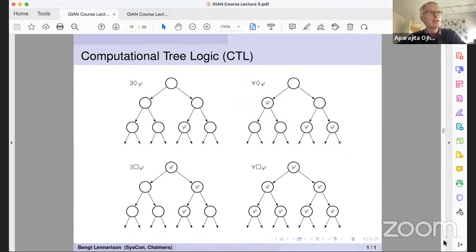Some people say LTL is much better, and others say that computational tree logic, CTL, is better, more useful. And of course, the conclusion is then why restrict to these two versions? Why not join them into one? And then we have CTL star, which is an extension of CTL, where you have the quantifiers, but you don't have the restrictions on the quantifiers which you have in CTL.